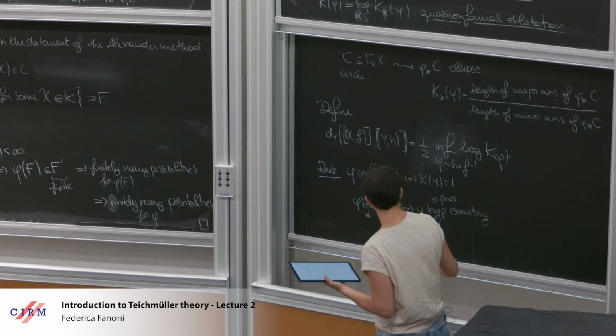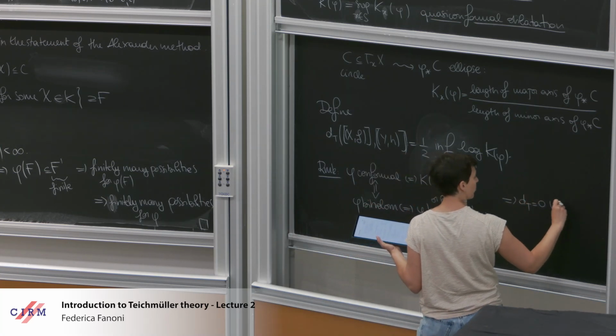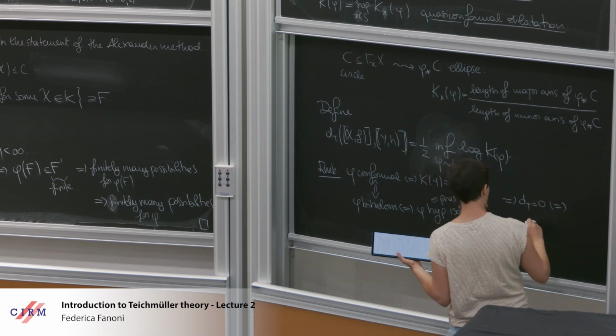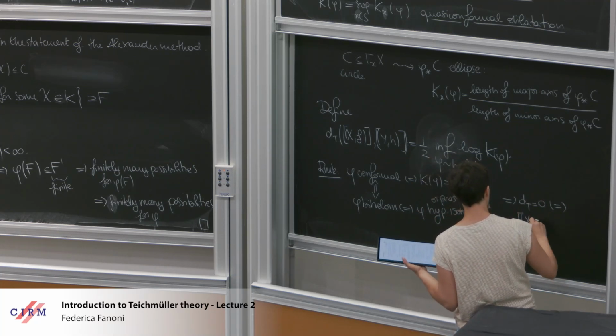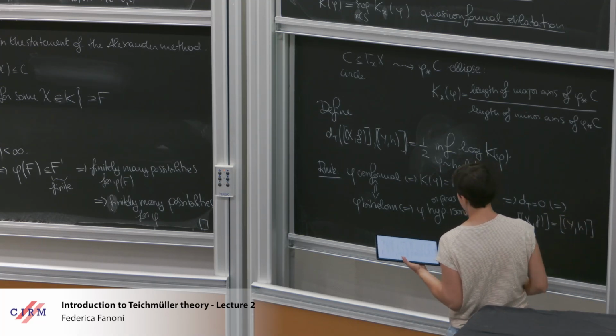So the distance is 0 if and only if the 2 points in Teichmüller space are the same. This is the part that's hardest to check.